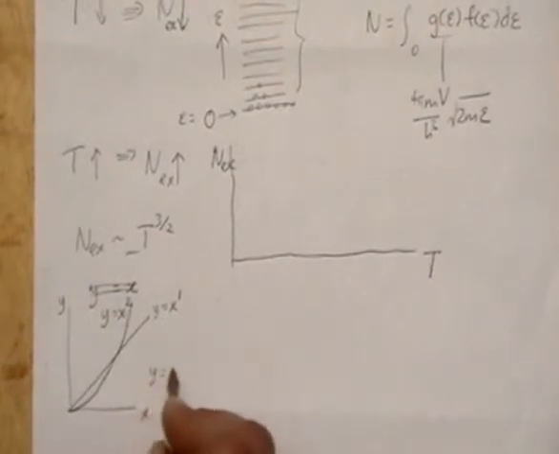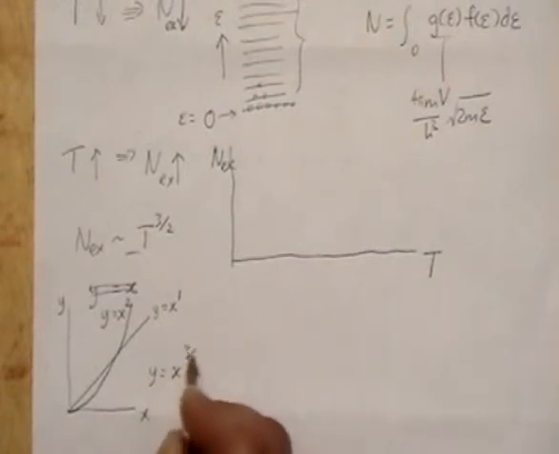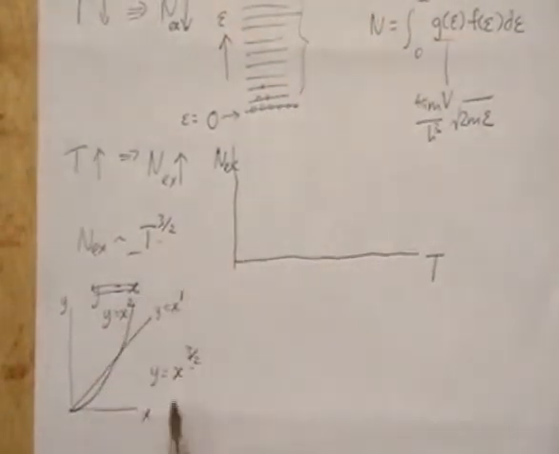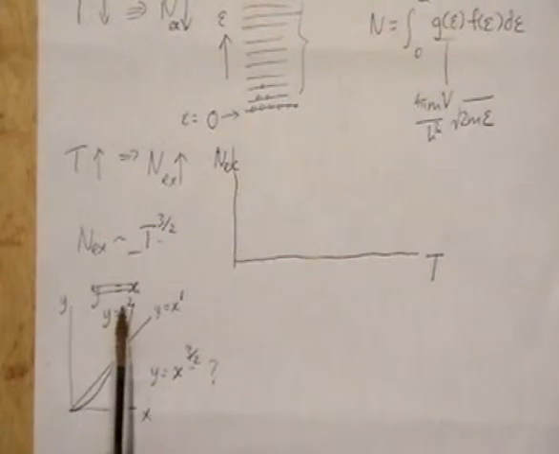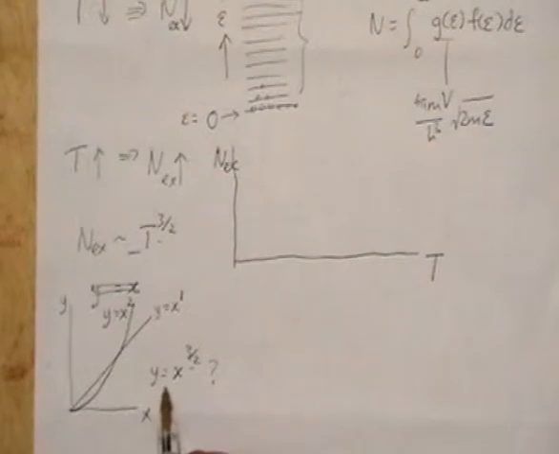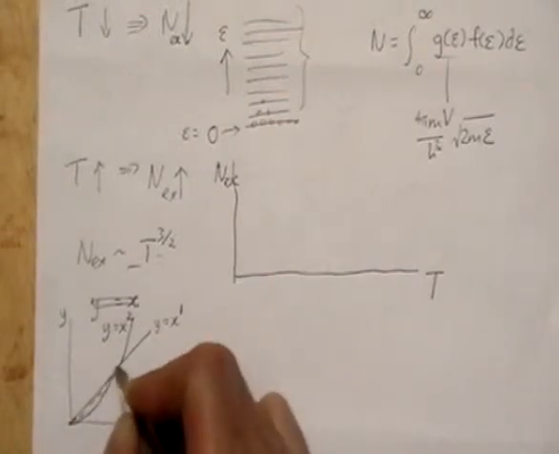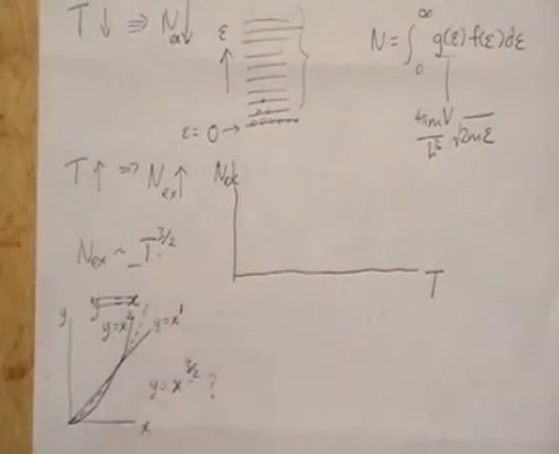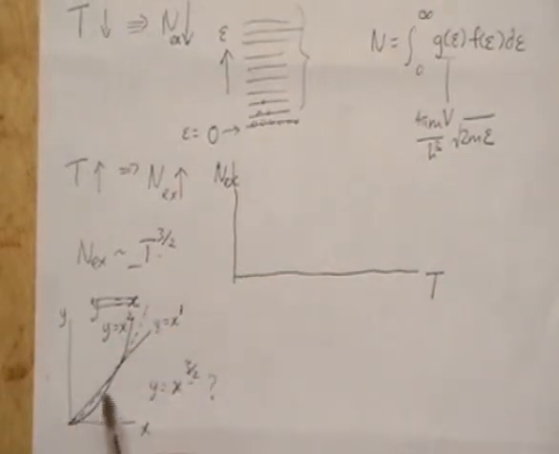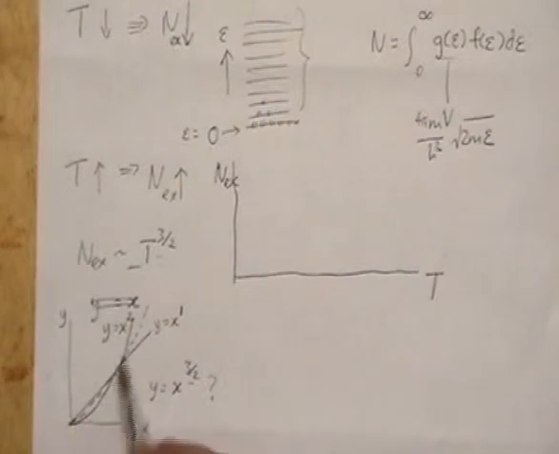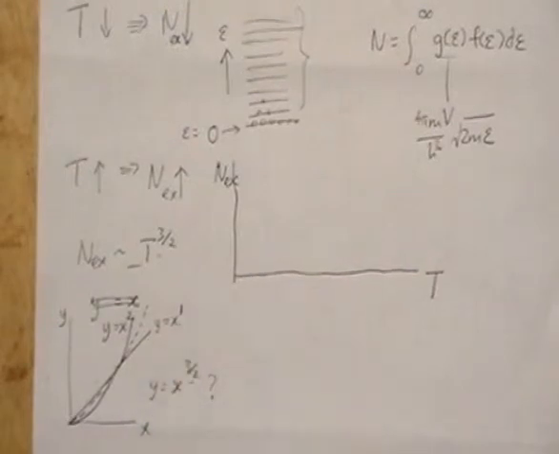So now let's talk about y equals x to the power of 3/2, the same power as that. And what would this look like? Well, since 3/2 is in between 1 and 2, the obvious thing to imagine is that this curve is in between those two. So it might look like this. It would be a little bit less curved than x squared, but a little bit more curved than x.